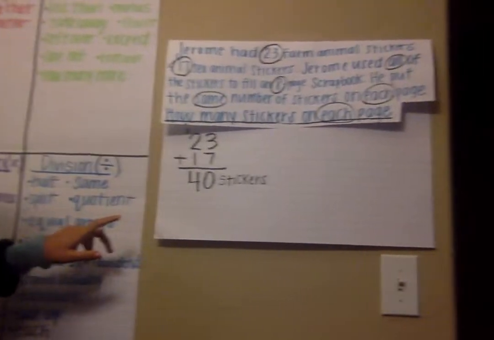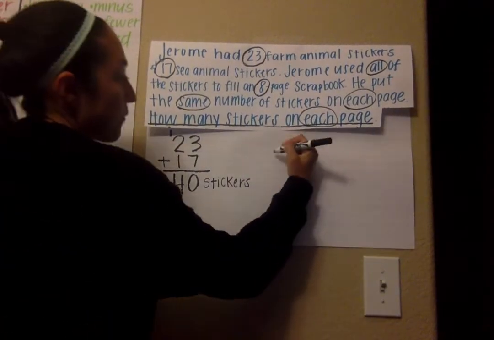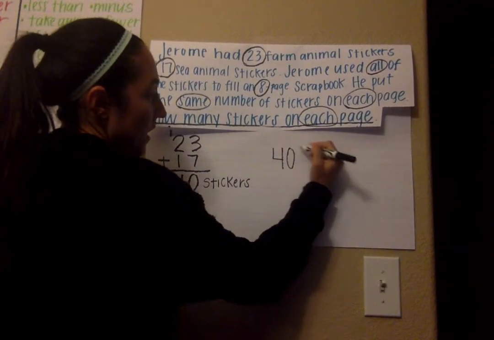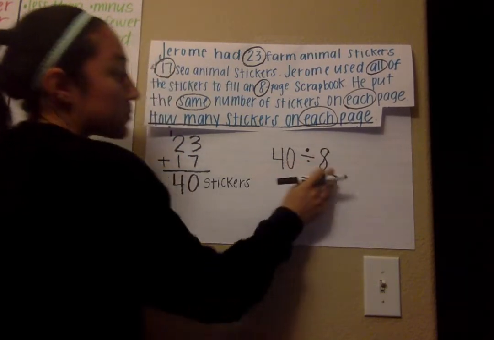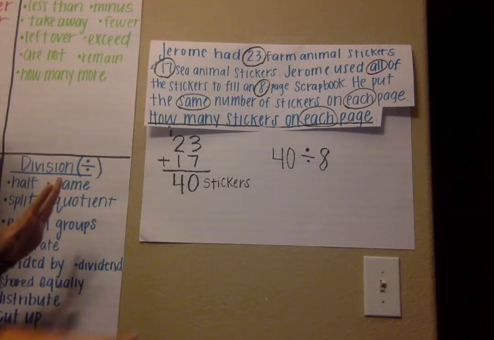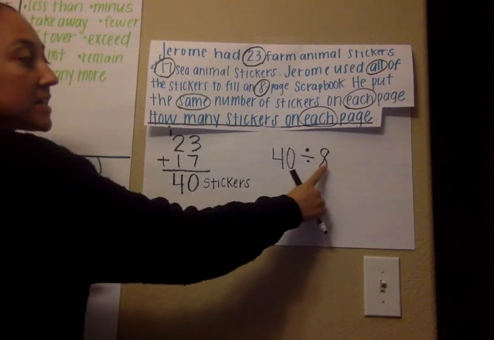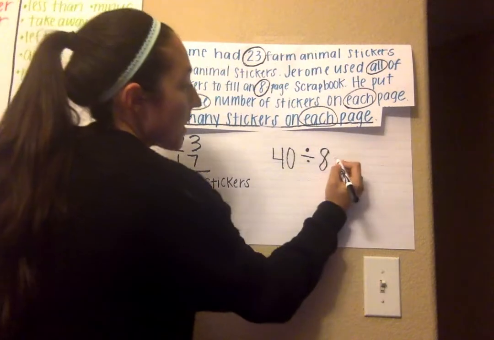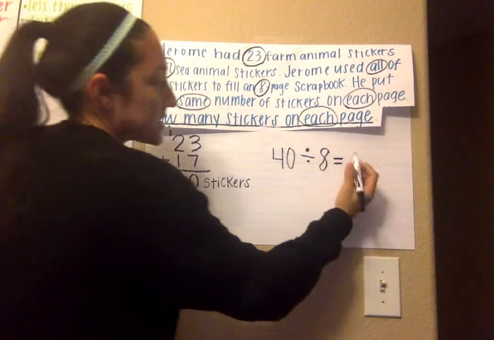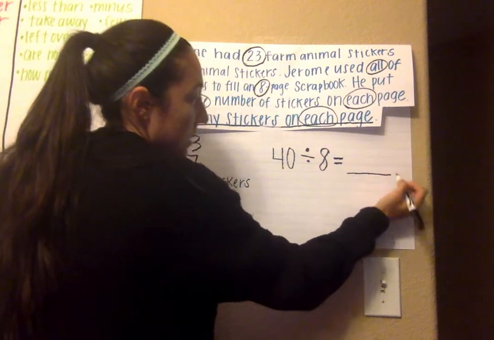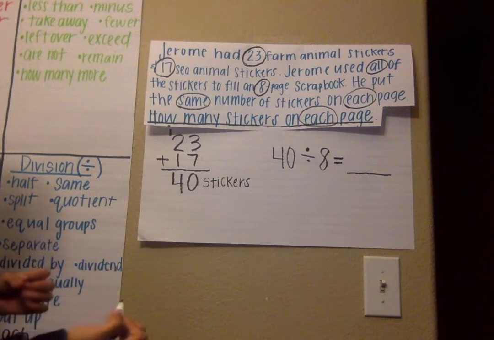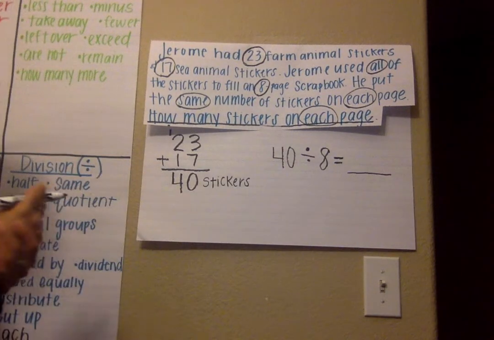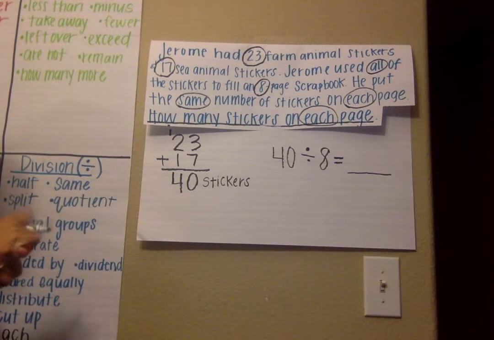So the second step to my problem is taking 40 and dividing it by 8, because you're splitting those 40 stickers into 8 pages. And we need to come up with a number that is how many you have on each page. So again, if we do not remember how to divide, then we are going to switch it to multiplication.